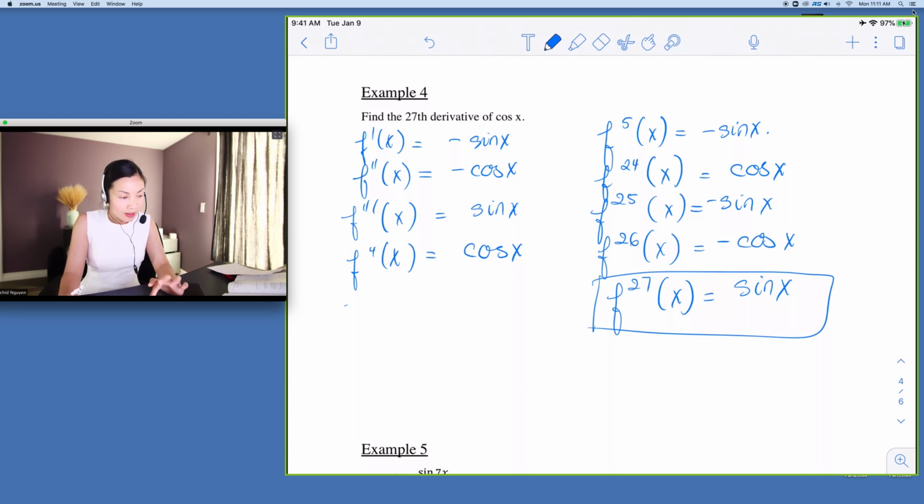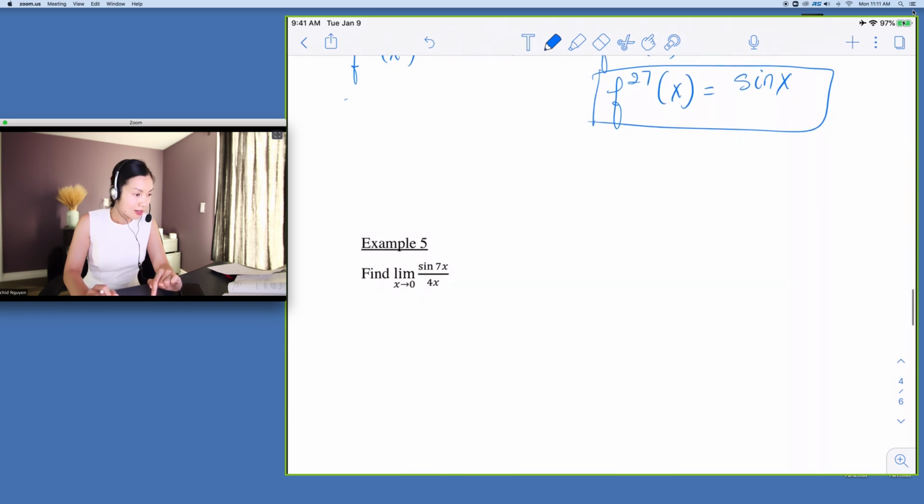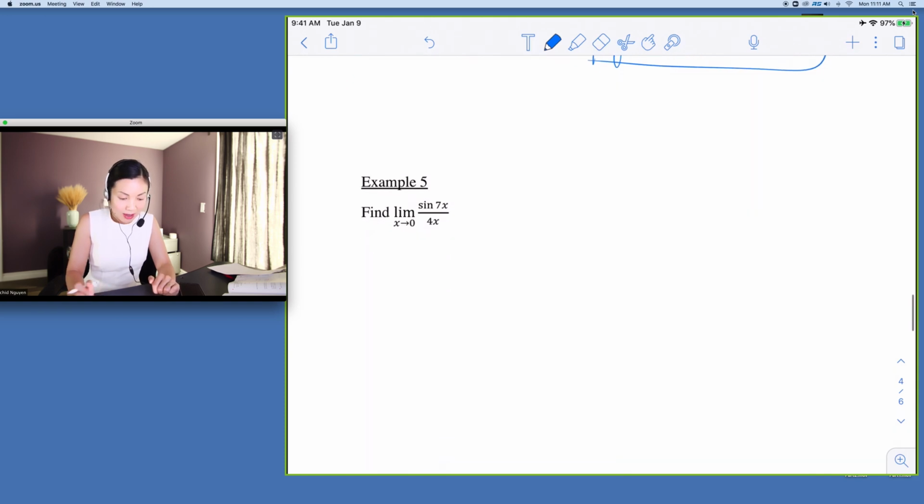Now, this one right here is quite interesting. Okay. All right. So what do we know? We have to find the limit as x approaches 0 of sine of 7x over 4x.